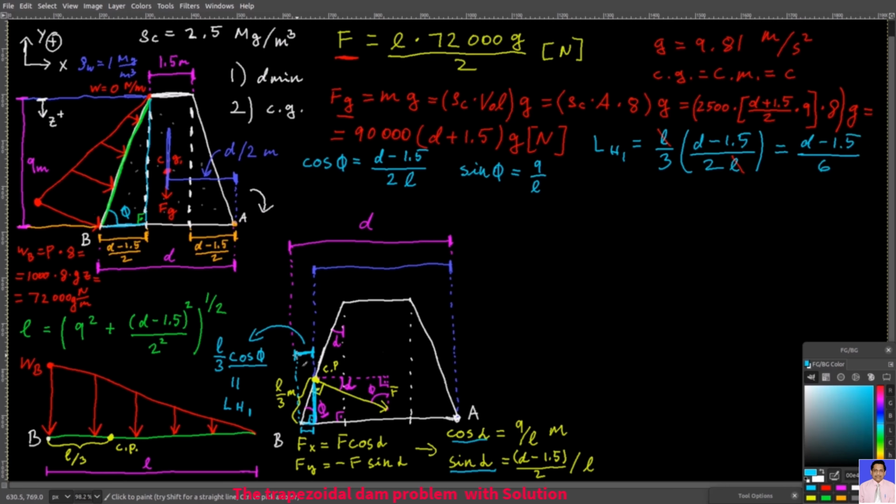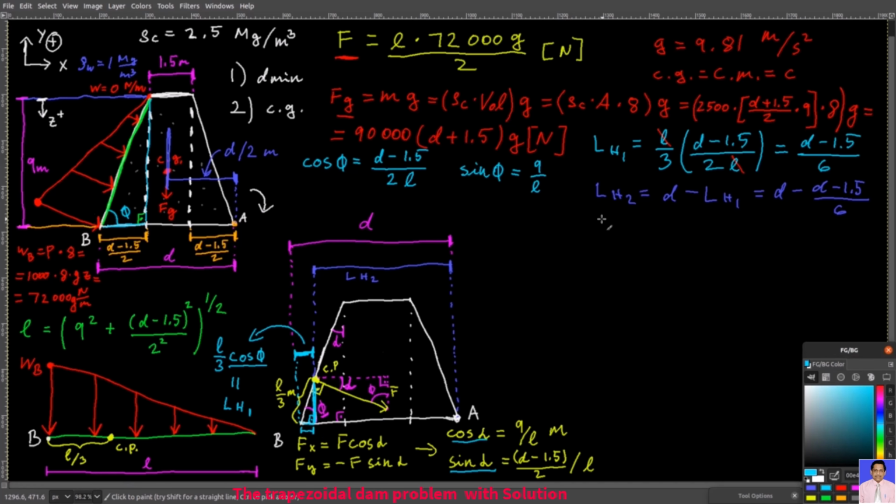So that's this horizontal distance. And now let's calculate this L horizontal 2. Well, that's easy. L horizontal 2 equals d minus L horizontal 1. So it's d minus (d minus 1.5) over 6.